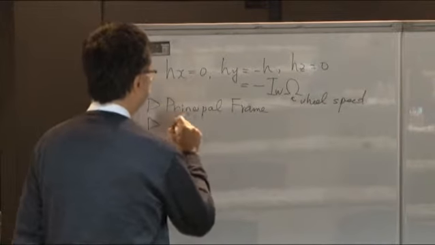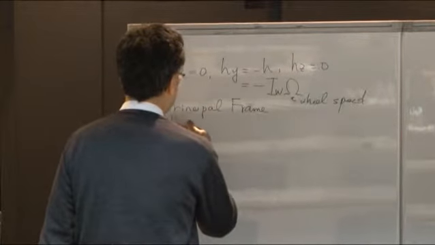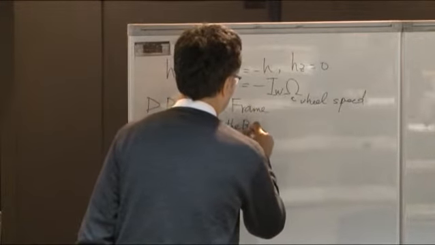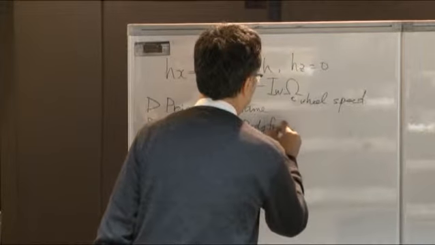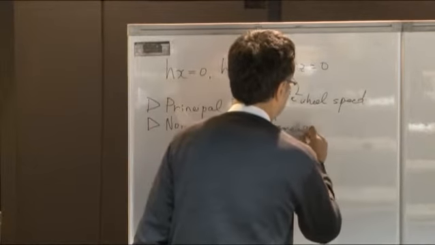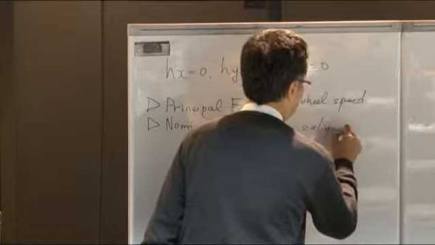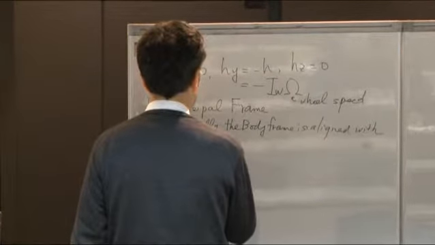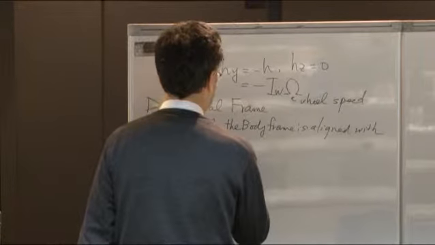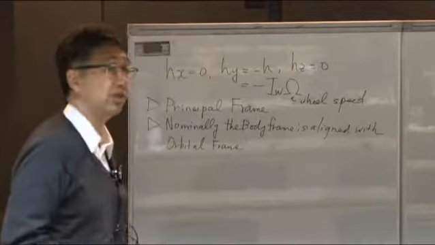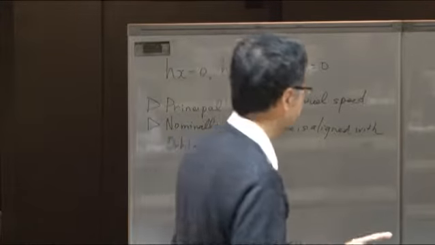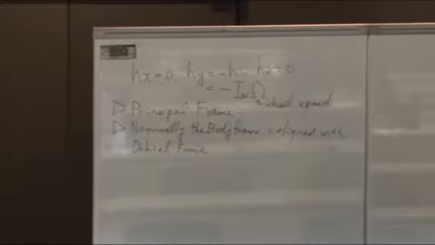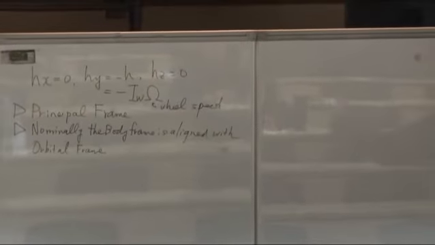And the body frame is aligned with the orbital frame. That means the orbital frame is the objective. That is an idealistic situation. So that is a target. The orbital frame is a target.